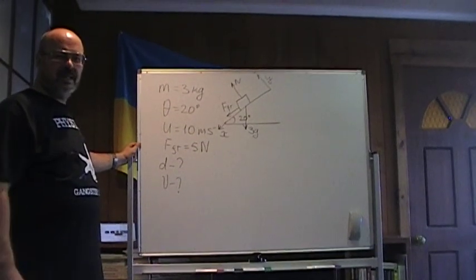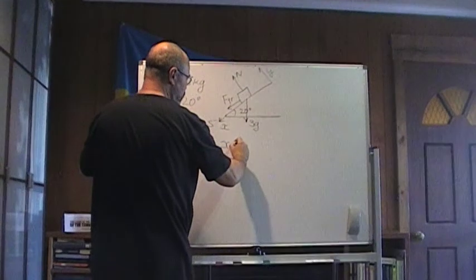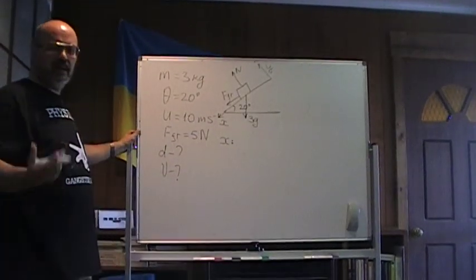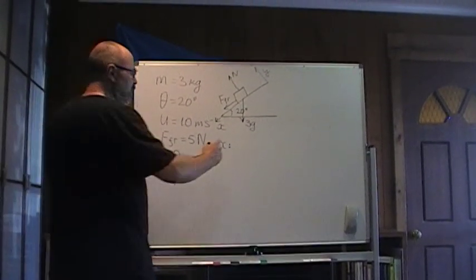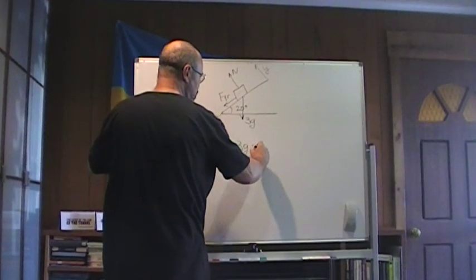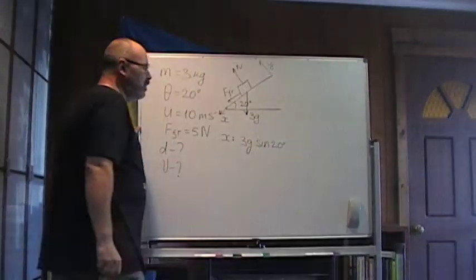So let's write down the second Newton's law in the resolution into the x-axis. We have the resolution of the gravitational force, of the weight force, into the inclined plane, equals mg times sine 20 degrees.